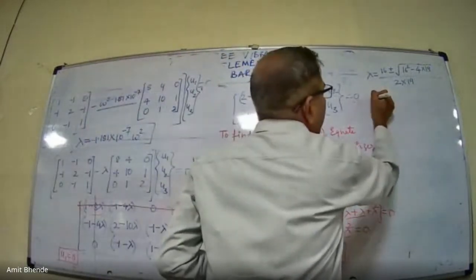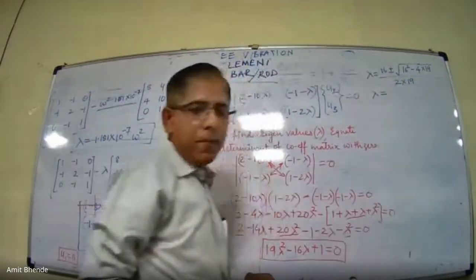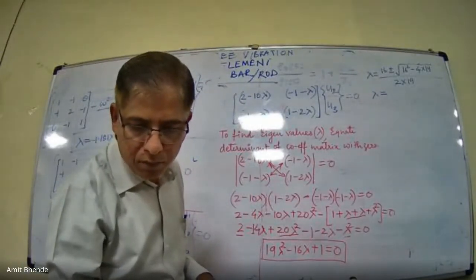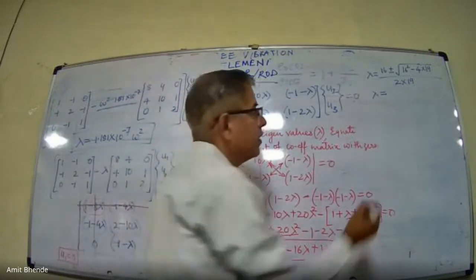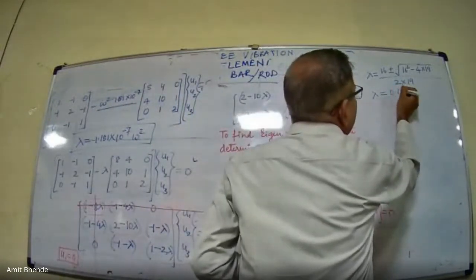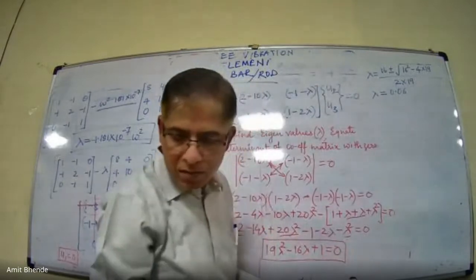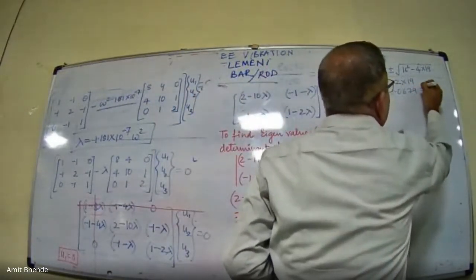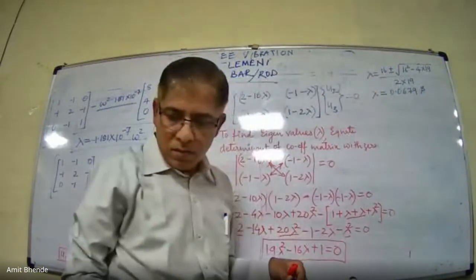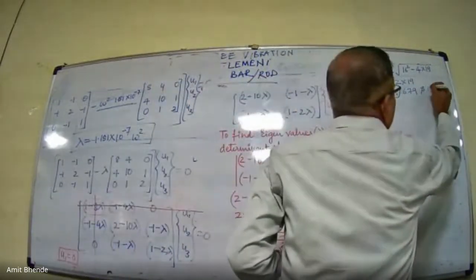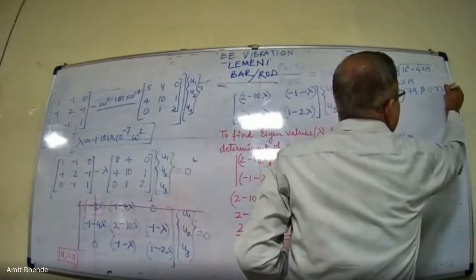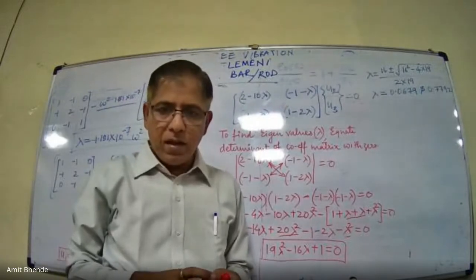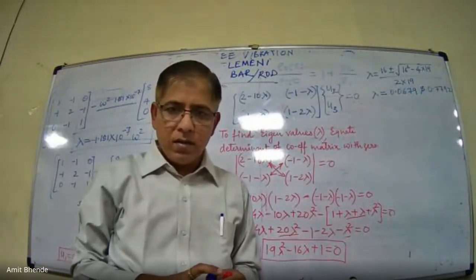And if you calculate the values of this lambda, then it comes out to be 0.0679 and 0.7792. So these are the two values of lambda, and lambda is what?